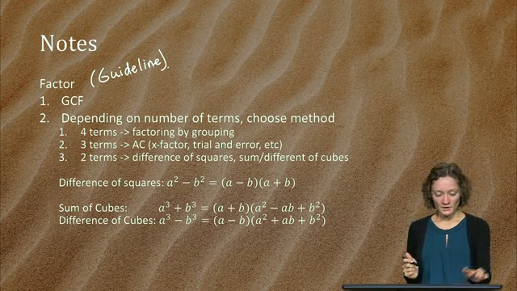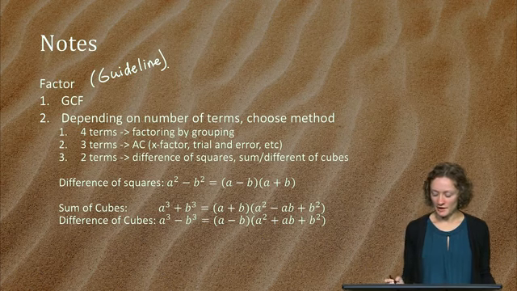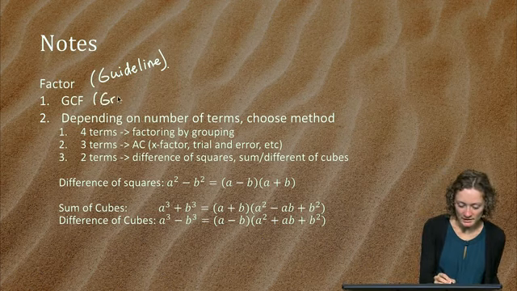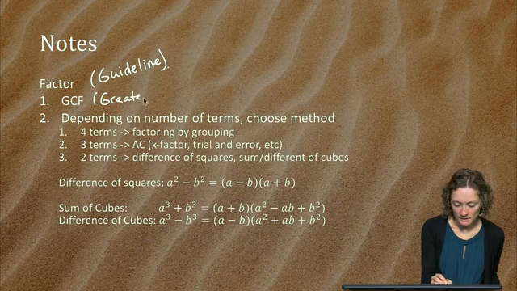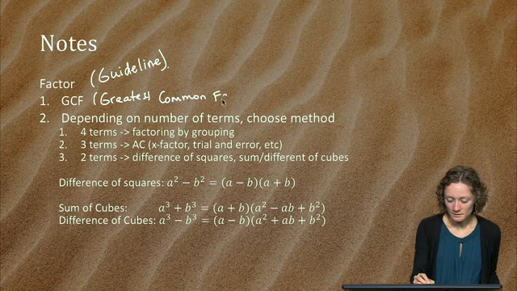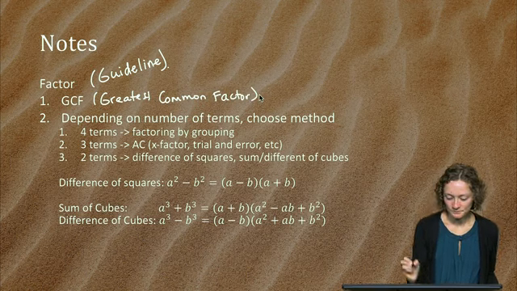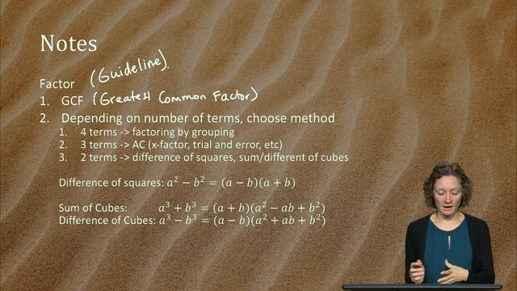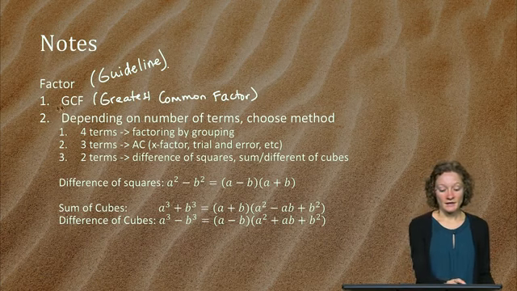So the first thing we will always look for when we're factoring is a GCF, which is a greatest common factor. So it's the biggest thing that all of the terms have in common. All right, that's the first thing.